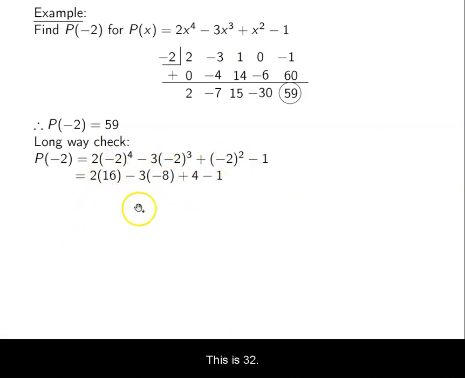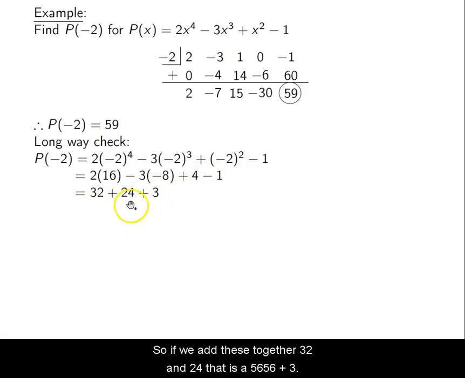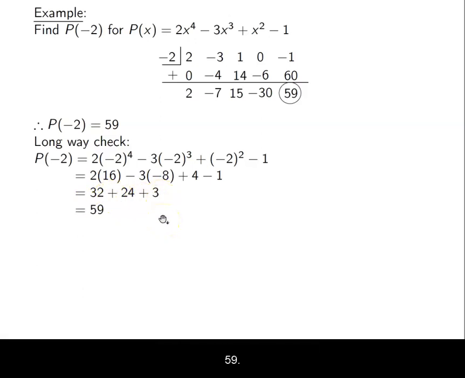This is 32. This is positive 24. Plus 4 minus 1 is a 3. So 32 and 24 is 56, and 56 plus 3 is 59.